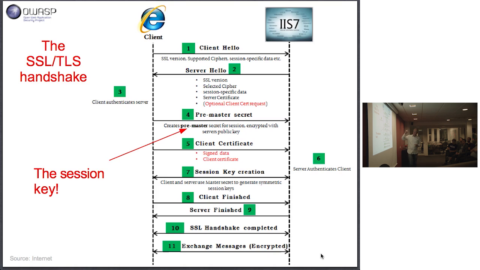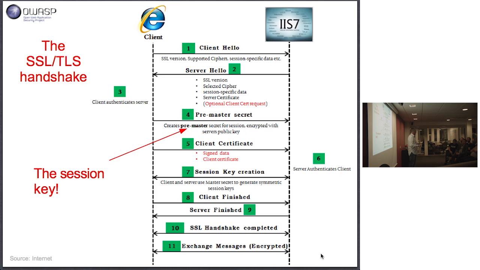But anyway, the server sends back the version that is going to be used, the cipher selected, and it sends back the certificate with the server public key that's used to identify the server. And then, of course, the client should verify and validate the server certificate, and if it fails, it should stop here, of course.